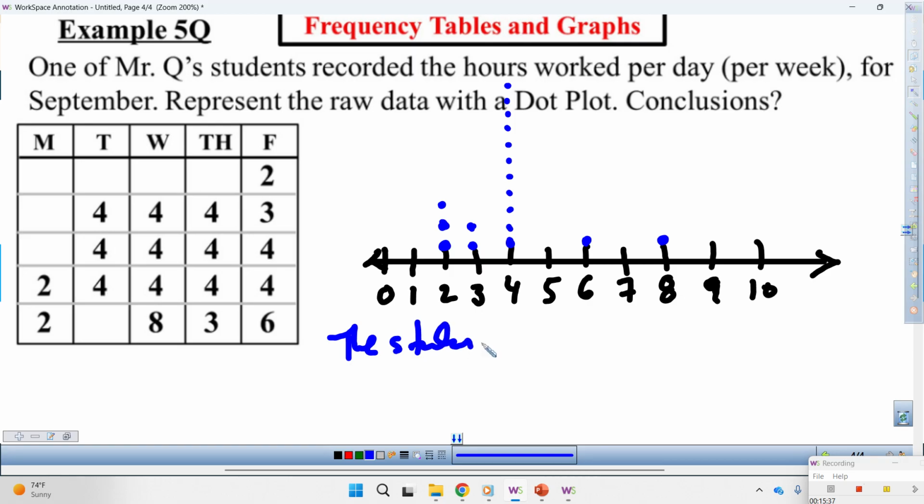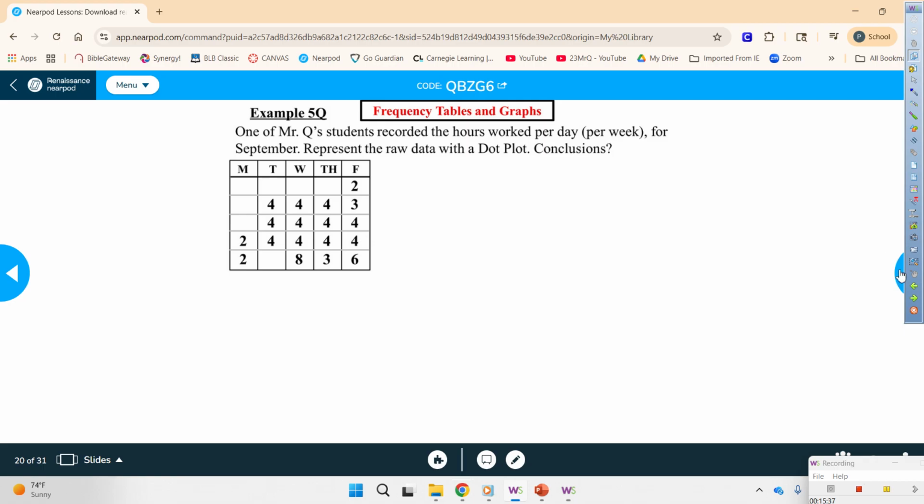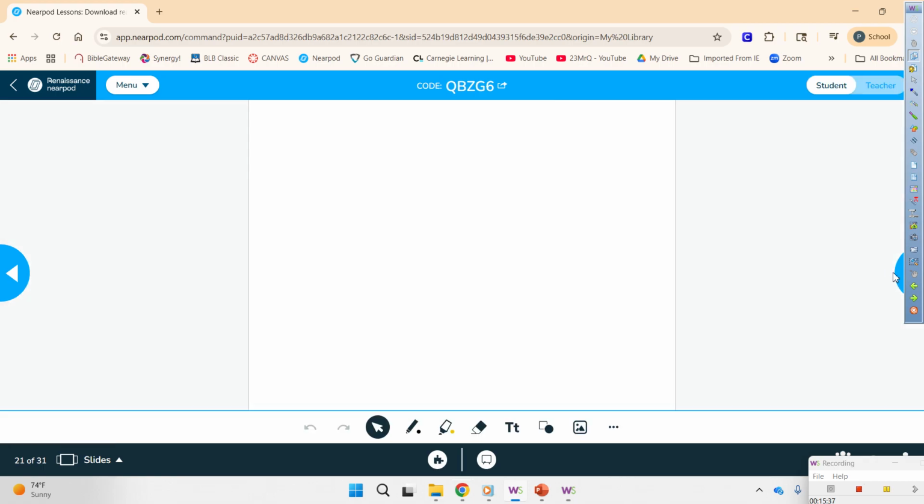The student usually works 4 hours per day. Thank you. Hands if you agree with that. Yeah, we got it? All right. So, send that in, please. From 1 to 5, we'll come to you with dot plots. Dot plots. Yes, we got it? All right. There it is. Send it in, please. I want to see what you did.